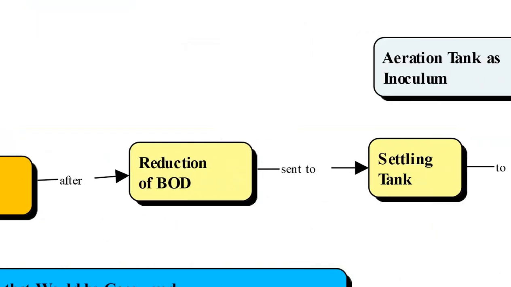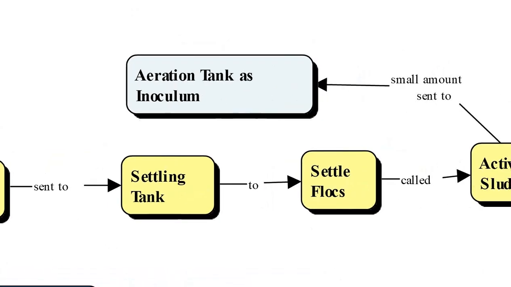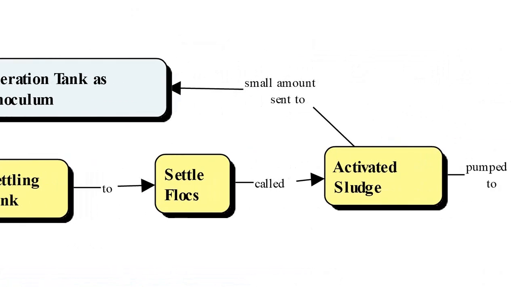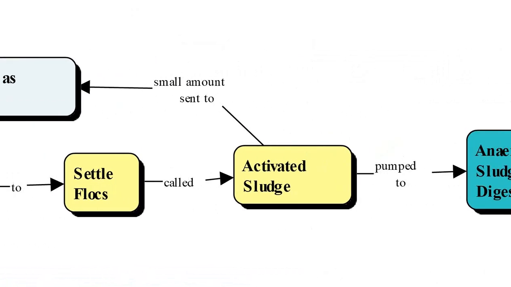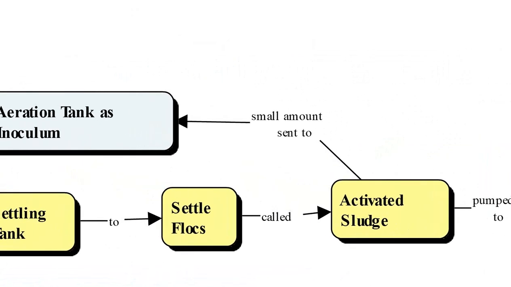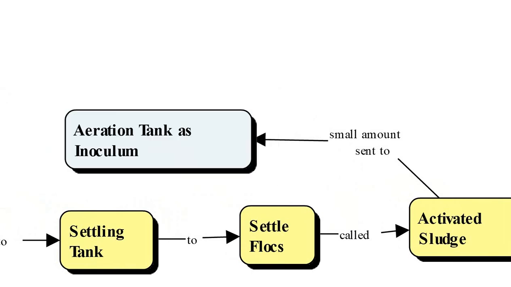After the reduction of BOD, the sample is sent to the settling tank where the flocs settle down, and this settled flocs are called the activated sludge. A small amount of this activated sludge is sent back to the primary aeration tank. That is used as the inoculum, which contains all the aerobic microorganisms.